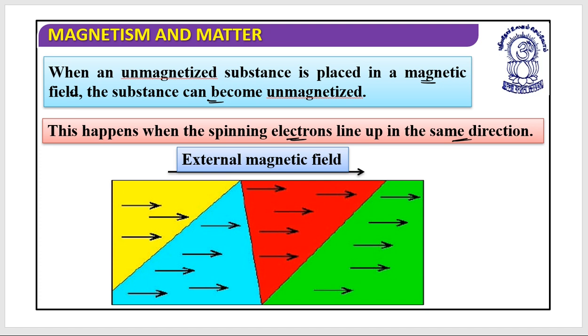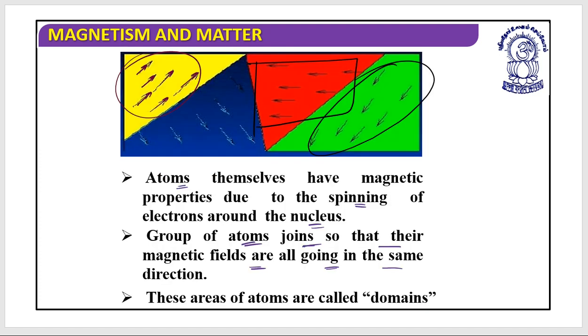Look again carefully: here B external is equal to 0. This is the case when no external magnetic field is available, and every domain is aligned according to itself.